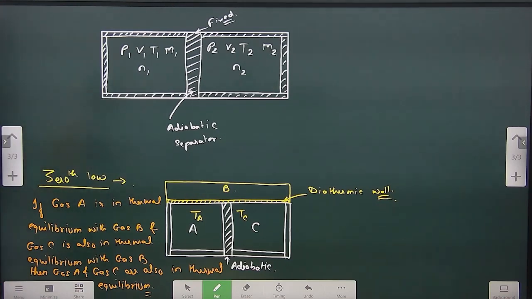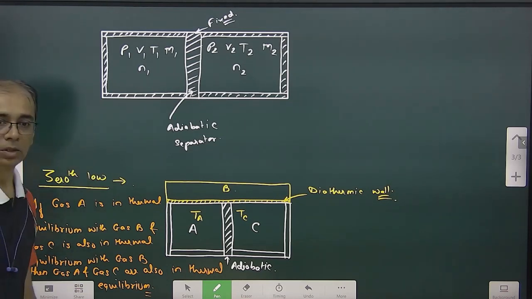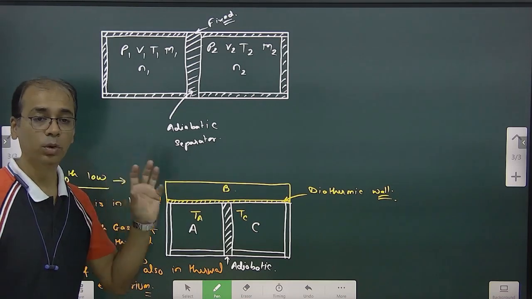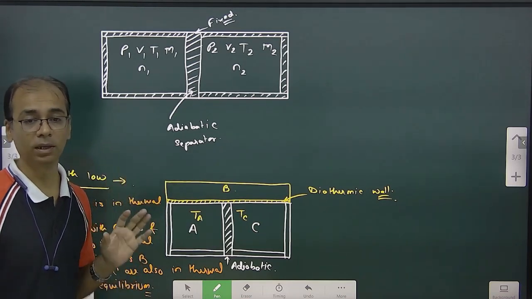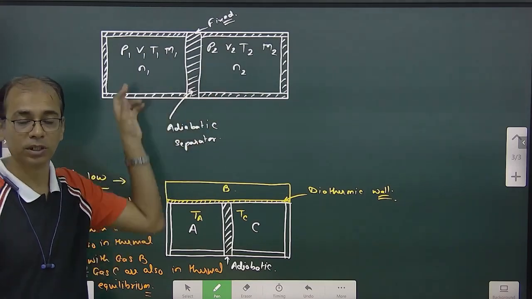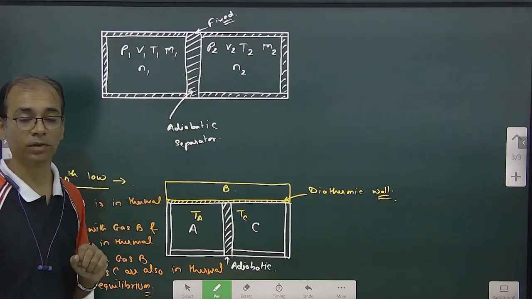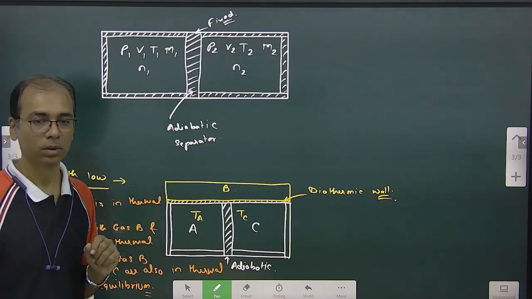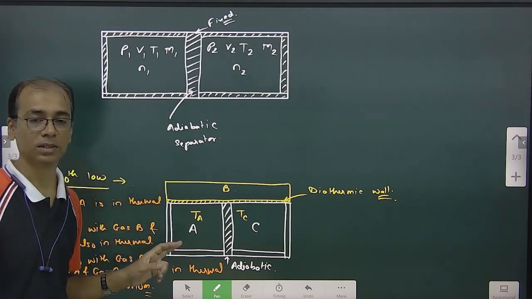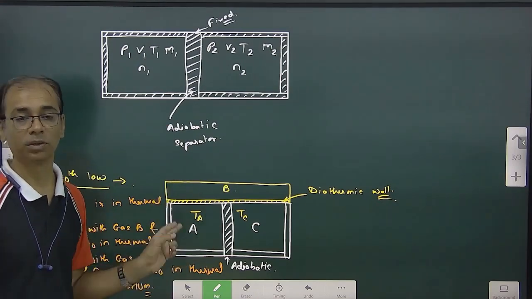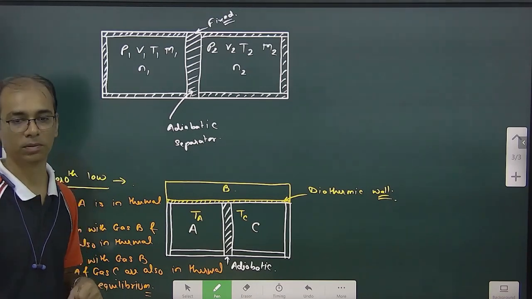So I hope you understood the meaning of thermal equilibrium as such. That law is applicable for this only. So without seeing the question, don't write the answer. If this kind of question is given and he asks what the meaning of thermal equilibrium is, here T1 is not equal to T2. But if this is the case in which the boundary is a conducting boundary, then the temperatures of both need to be the same for thermal equilibrium.